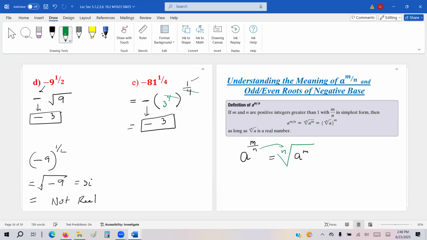So the denominator is always the radical and the numerator is always the exponent, the power. And this will equal the nth root of a to the power m, if both m and n are positive.